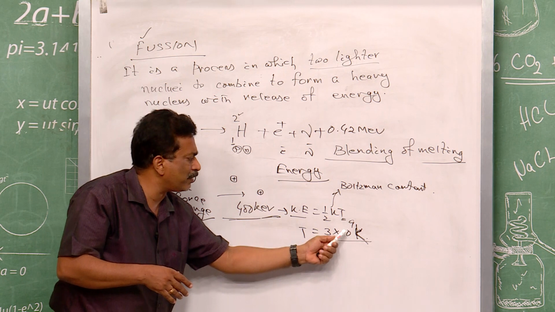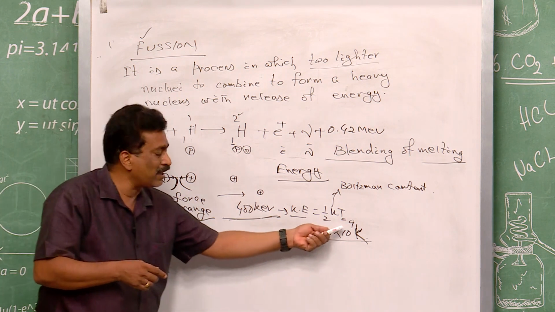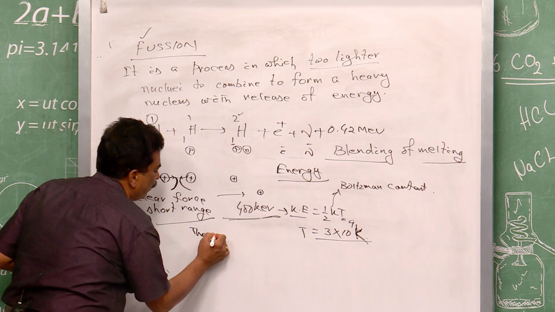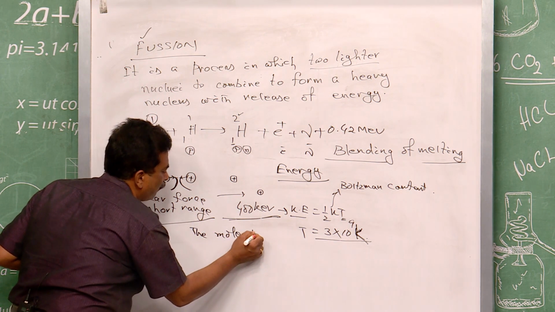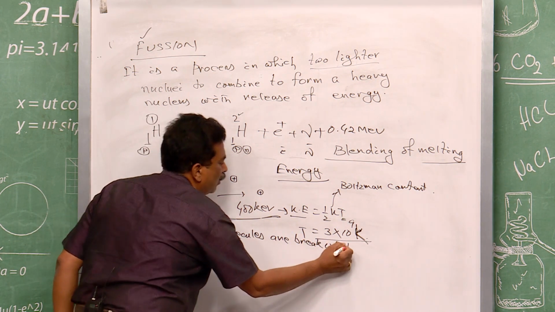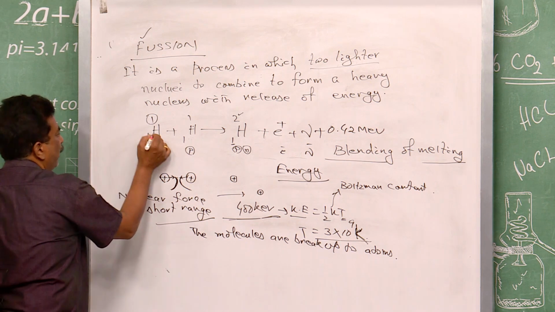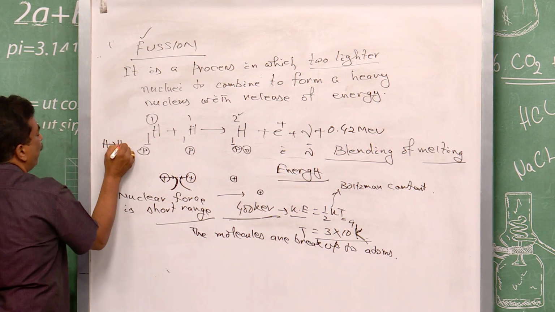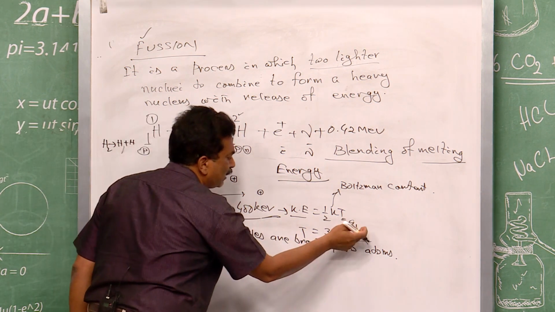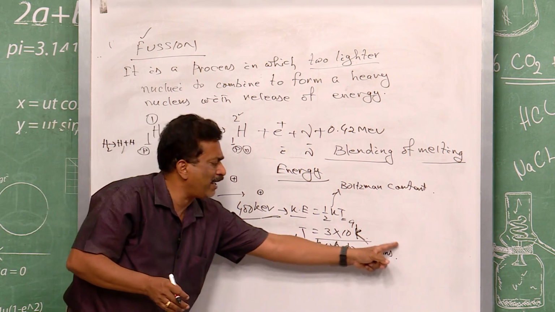So how is that amount of temperature created? When that temperature is there, the molecules break up into atoms. Here H2 will break into H and H, and with that amount of energy, the orbital electrons present around the atom are ionized.